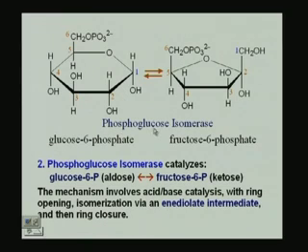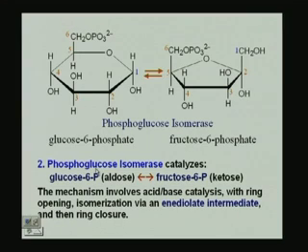It is a phosphoglucose isomerase, and what is happening here is the glucose 6 phosphate forms a fructose 6 phosphate, where instead of the aldehyde now, the aldose, you have a ketose, right? You have the CH2OH up here now.